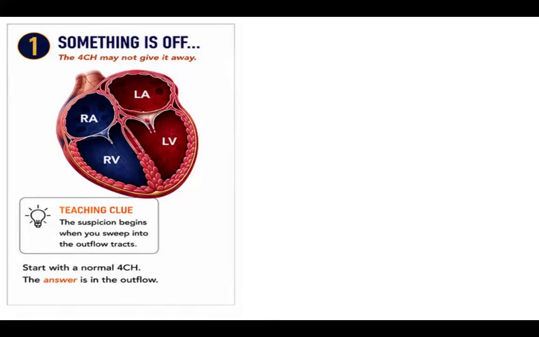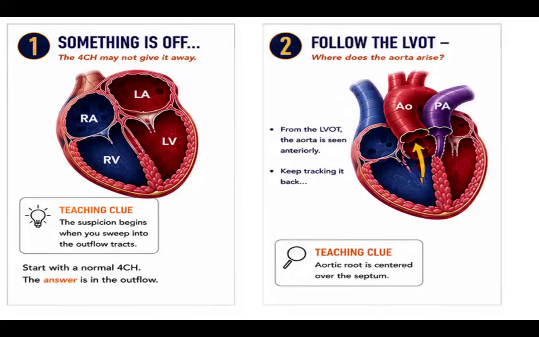Let's talk this out. So, like we saw from a situs level, the four chamber, things were looking good. Like I said, I didn't suspect a thing, but as we're doing the sweep, that's when we're like, okay, from that LVOT, what's happening? It's overriding drastically over to that right side.